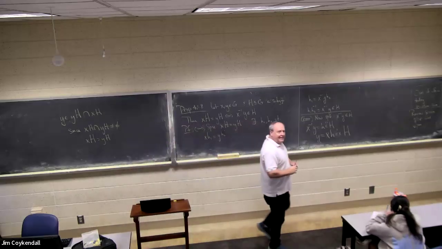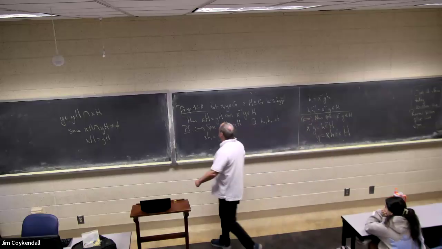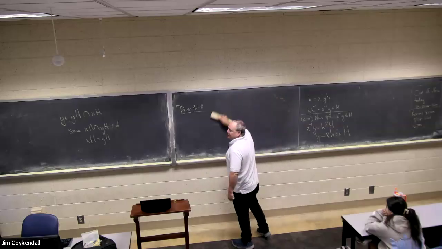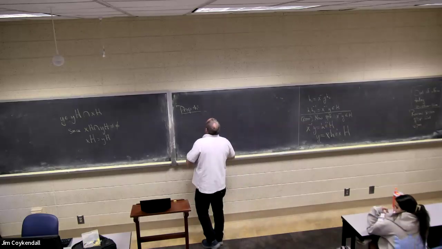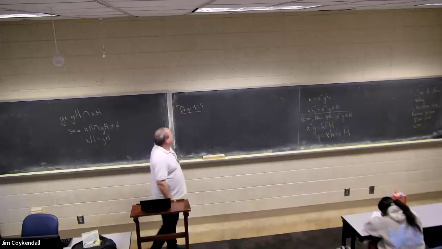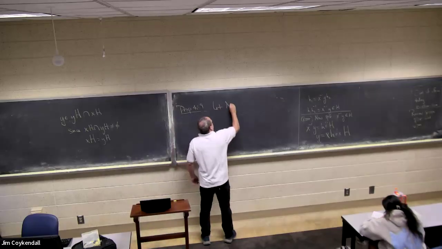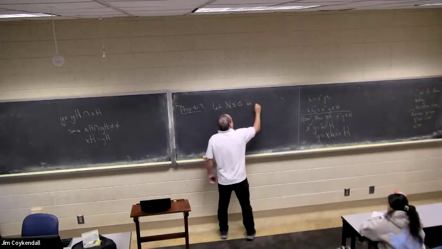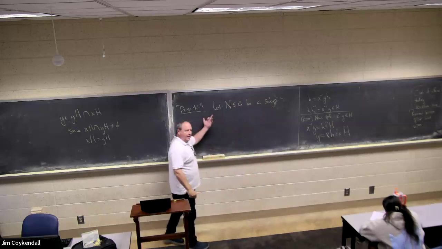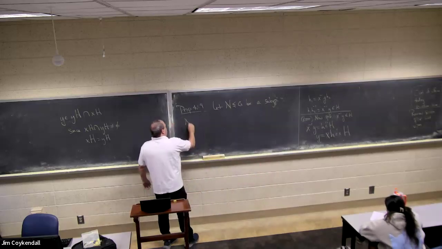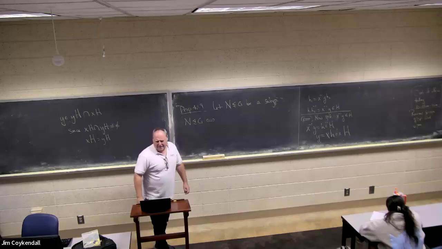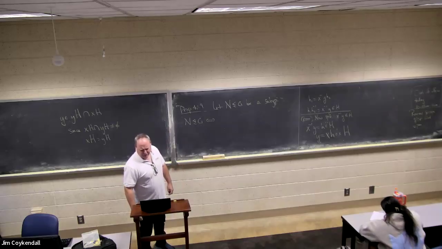Okay, here's one that I teased you with before. This is another way to think about what it means for a subgroup to be normal. Okay, so I walk up to you on the street, I give you a subgroup N, even, it's normal in G if and only if every left coset is a right coset.